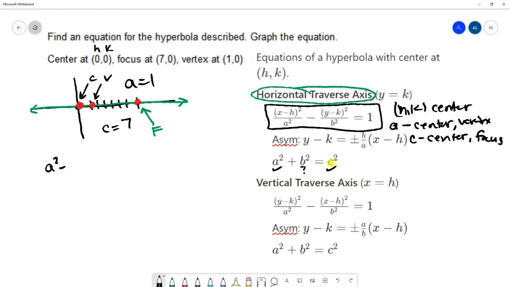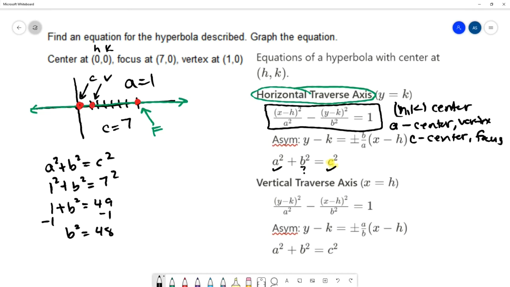a squared plus b squared equals c squared. 1 squared plus b squared equals 7 squared. So I have 1 plus b squared equals 49. I'll subtract 1 and get b squared is equal to 48.